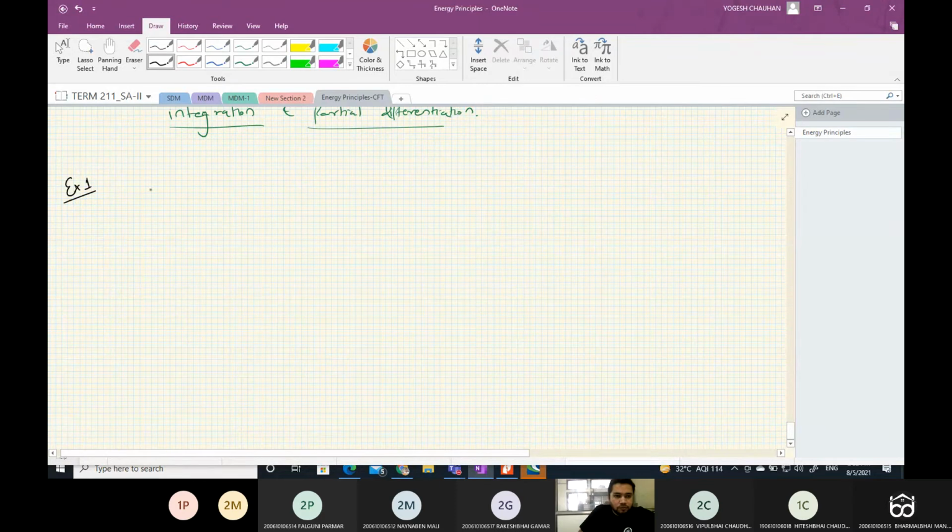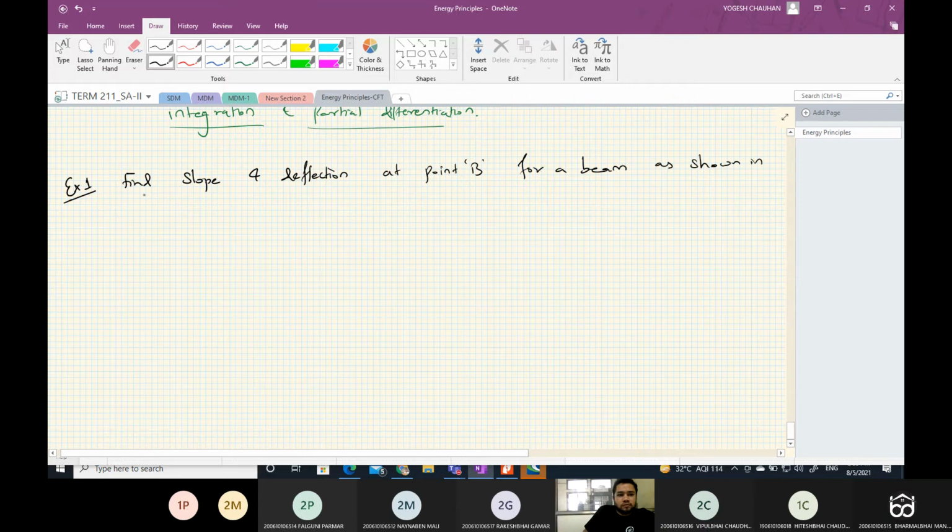Example 1: find slope and deflection at point B for a beam as shown in figure, and take EI, that is the flexural rigidity of the member, as 10 into 10 to the power 13 Newton mm square.